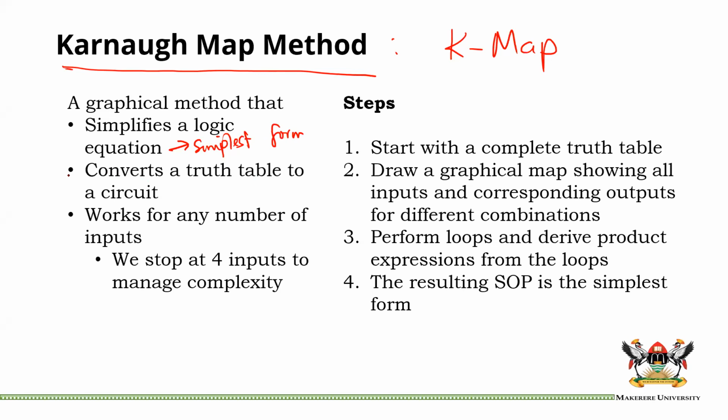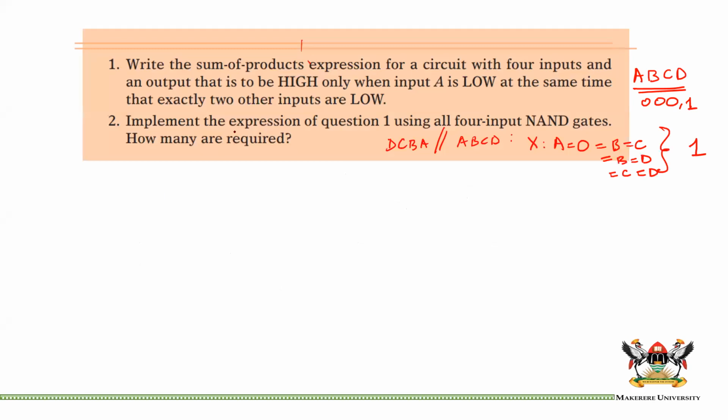So you can do two things with this method. You might start with a truth table. So for instance, in this question, you get your truth table, right? But also if you have an equation, if I give you an equation and I want you to simplify it, you can also insert that equation into the truth table.